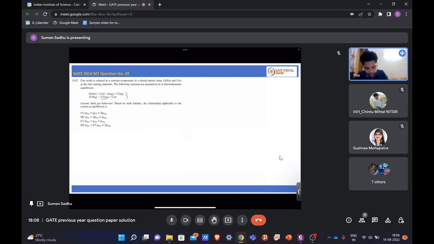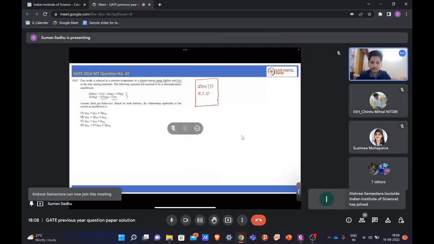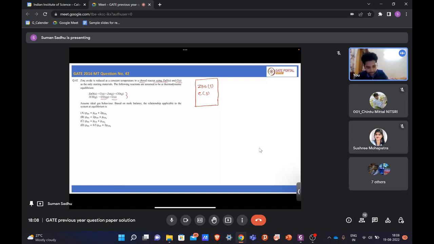What is first given is that in a closed reactor, only ZnO and carbon were the starting materials. So let's say this is a closed reactor. At the start, only ZnO in the solid form and carbon in the solid form were there. Then these two reactions happen inside this closed reactor.